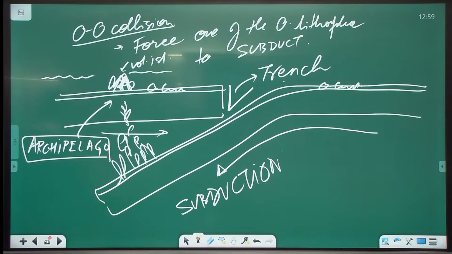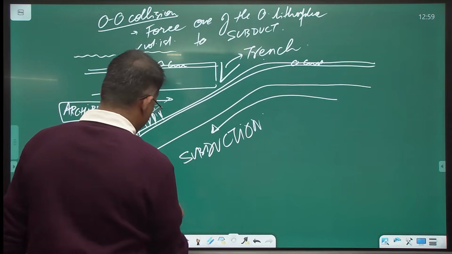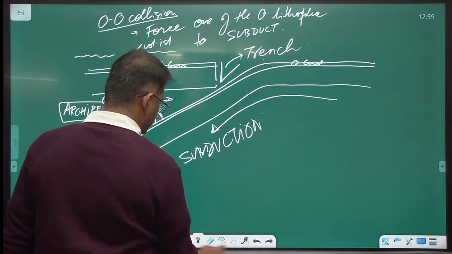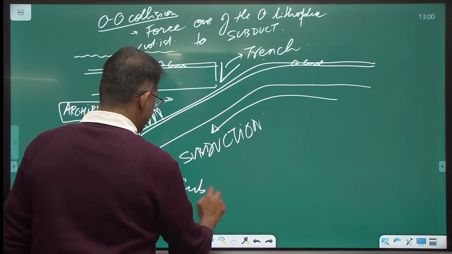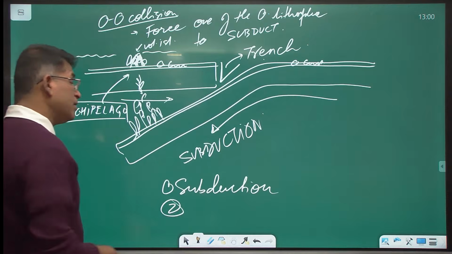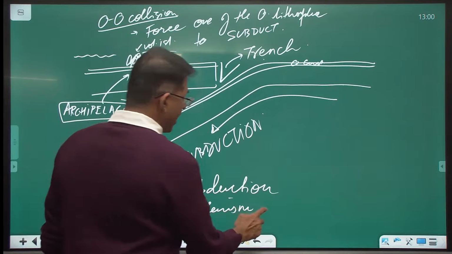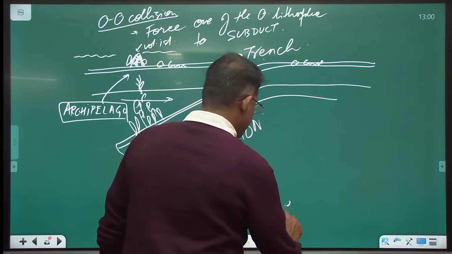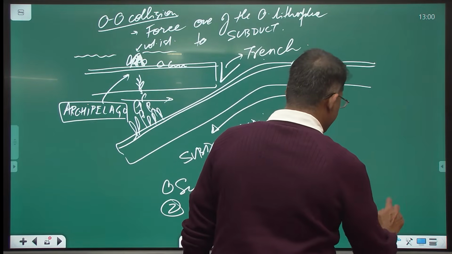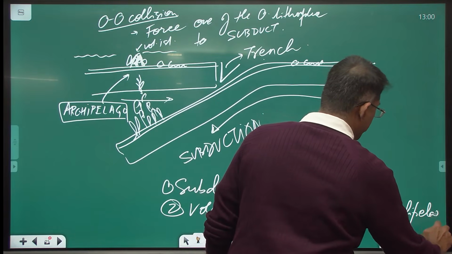Yeah, please keep writing. So, in ocean collision, what's happening? What's happening is subduction. What's happening is volcanism that creates volcanic islands called archipelagos.